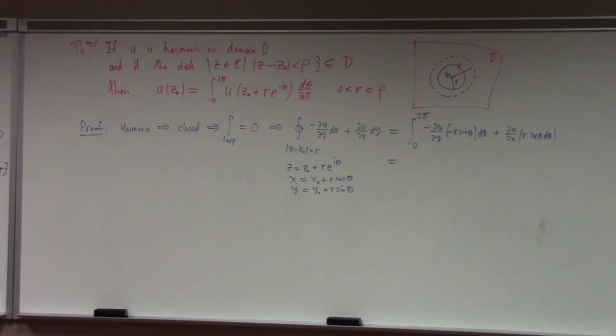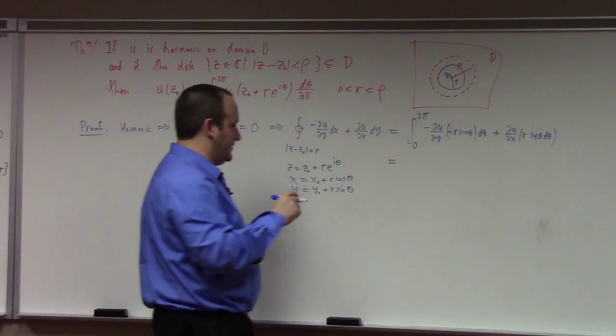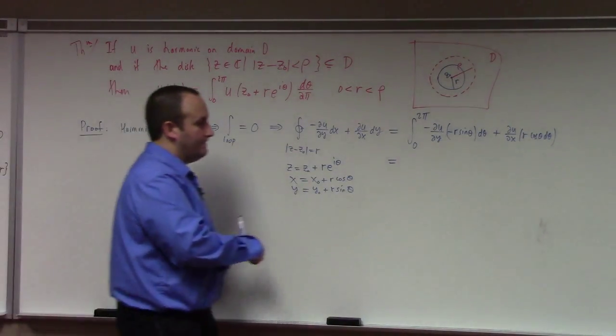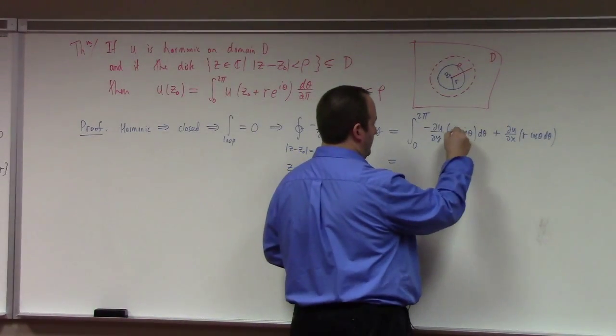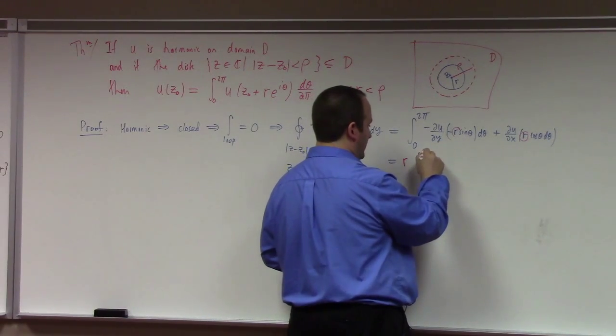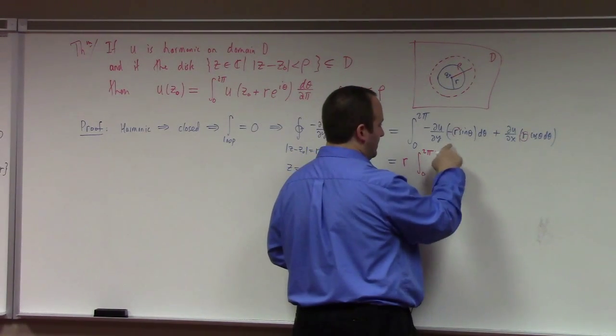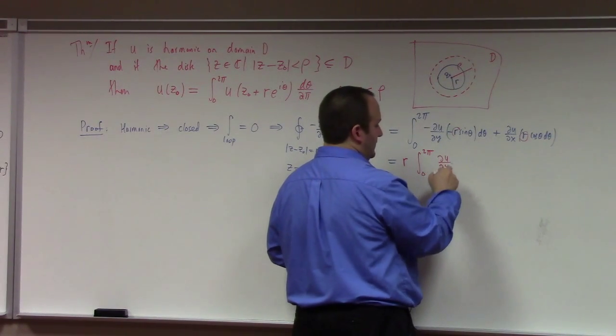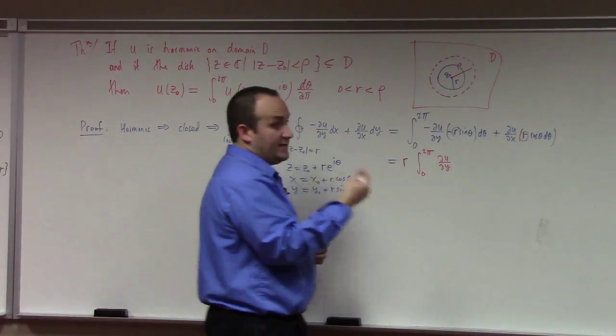And then here's a kind of sneaky thing. I can pull the r out, right? So I've got r, integral from 0 to 2 pi. And then what do I have here? Partial u, partial y, and what would be left would be sine theta.